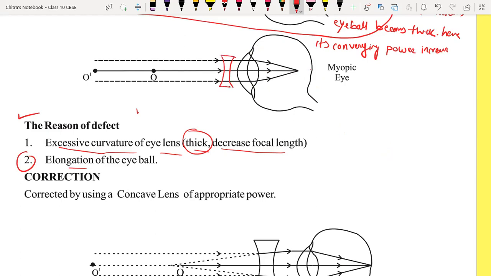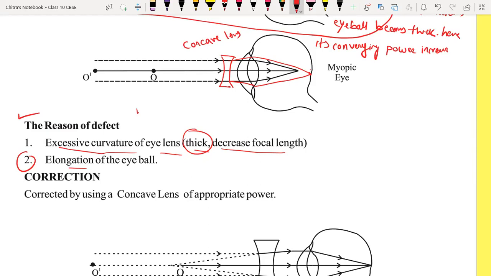It will diverge the light, so light will diverge and reach over here, and on this side over here, and now it will converge and focus at the retina like this. The image will form on the retina. So by using a suitable concave lens, we can correct myopia.